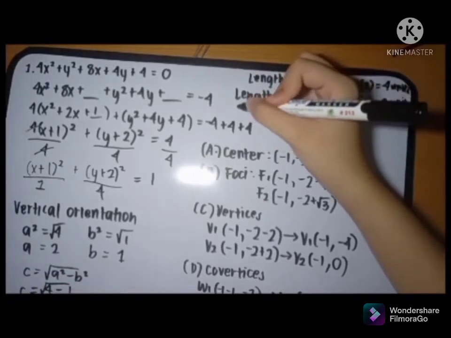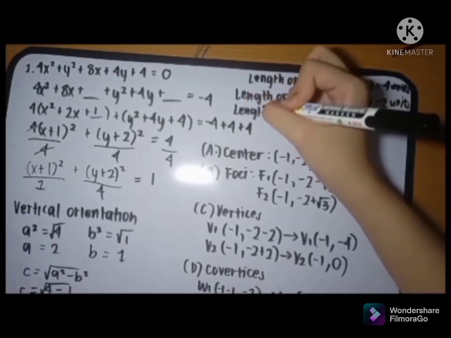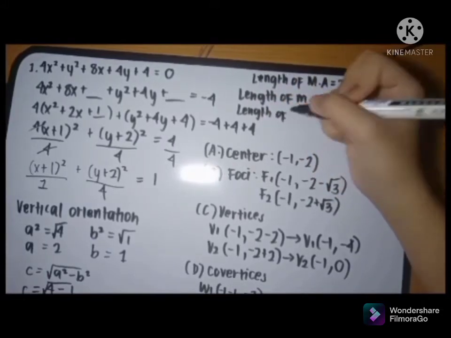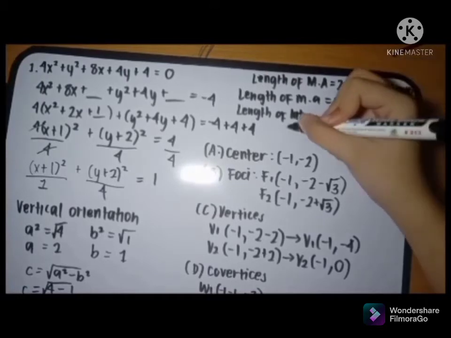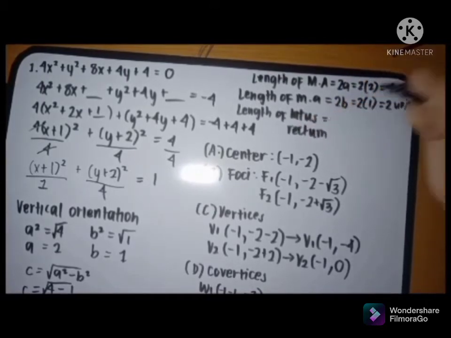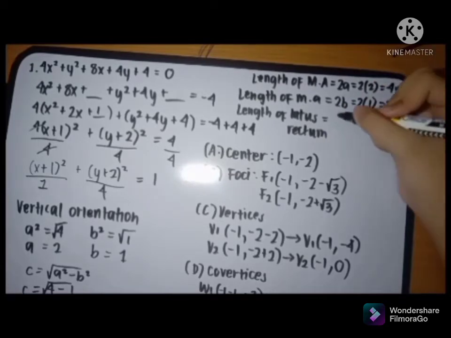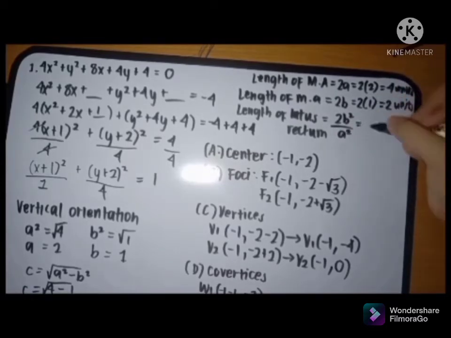And lastly, for our length of latus rectum, we will use the formula 2b squared over a squared, and then substitute the values.